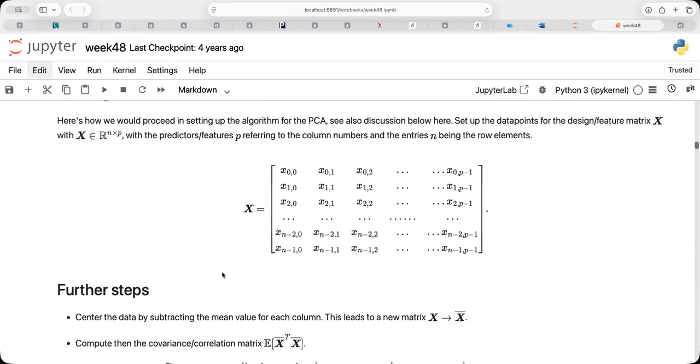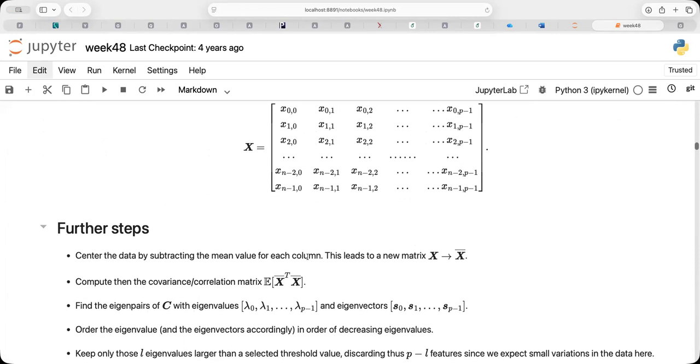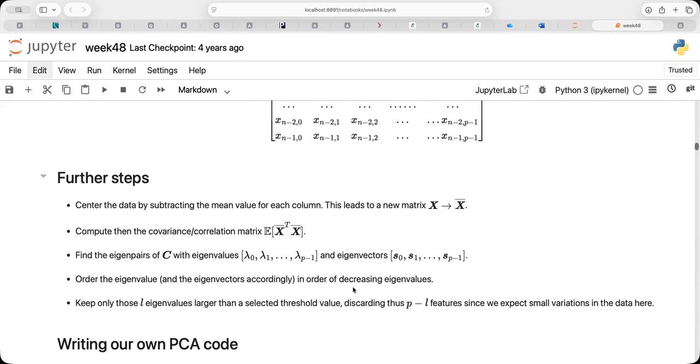So the algorithm is just as follows. We set up the design matrix for principal component analysis. We center the data by subtracting the mean value for each column, as we discussed before. We then compute the covariance, alternatively the correlation matrix, and then we find the eigenpairs, with eigenvalues lambda and eigenvectors.